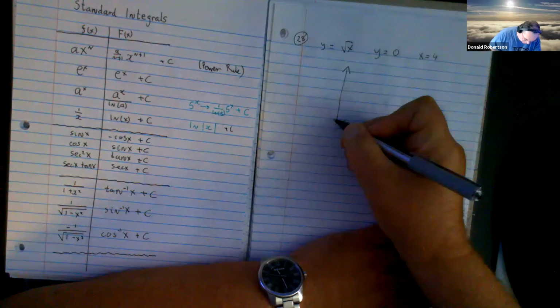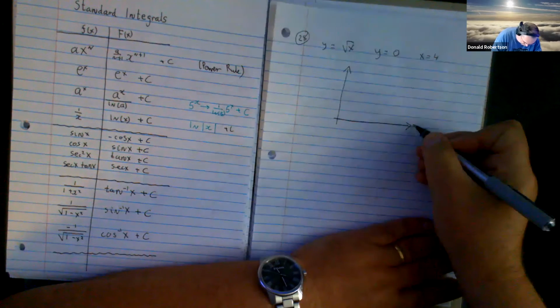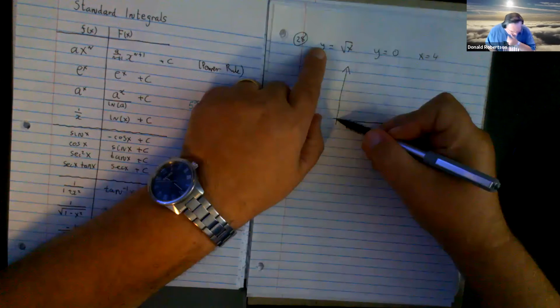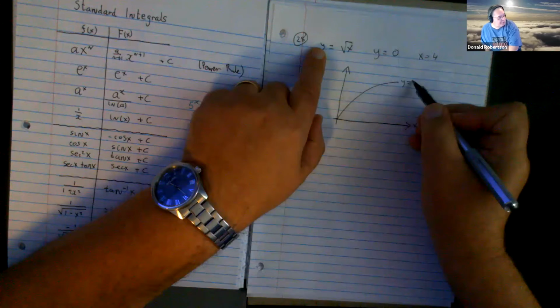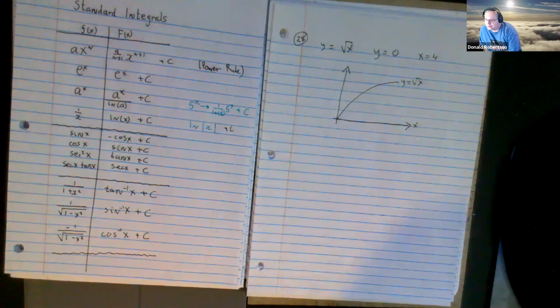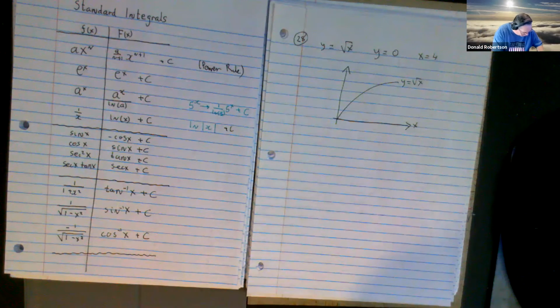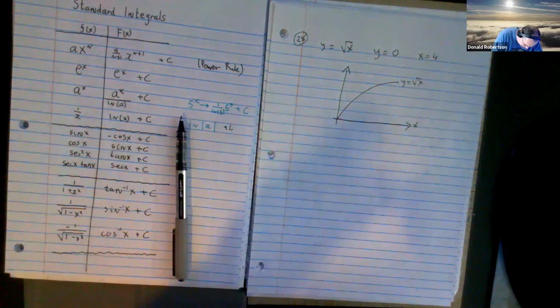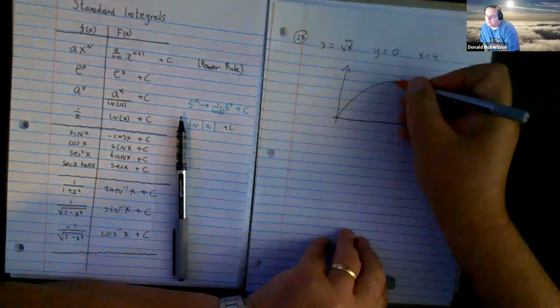I'm pretty sure I know what y equals the square root of x looks like. They say a calculator would be recommended here, but I think you could figure out a square root without doing it in your TI-84. Now x equals 4 is a vertical line about here.